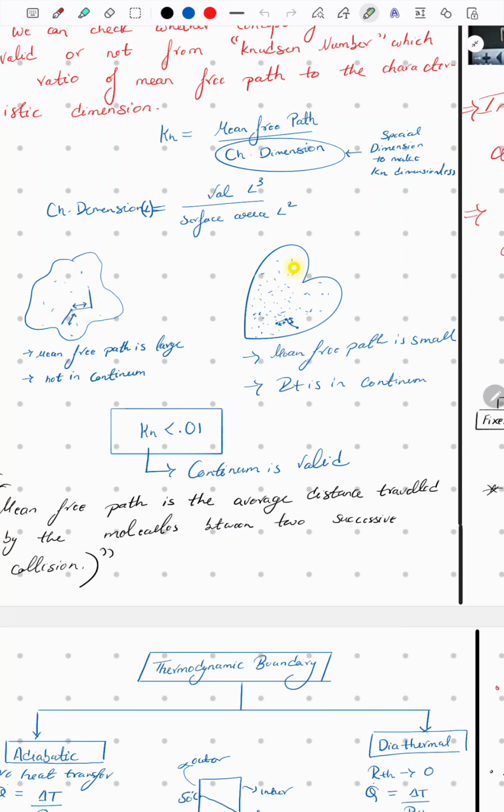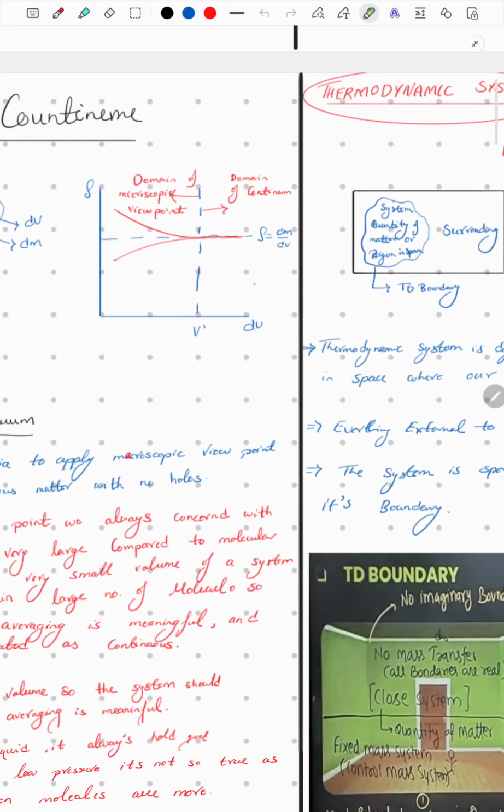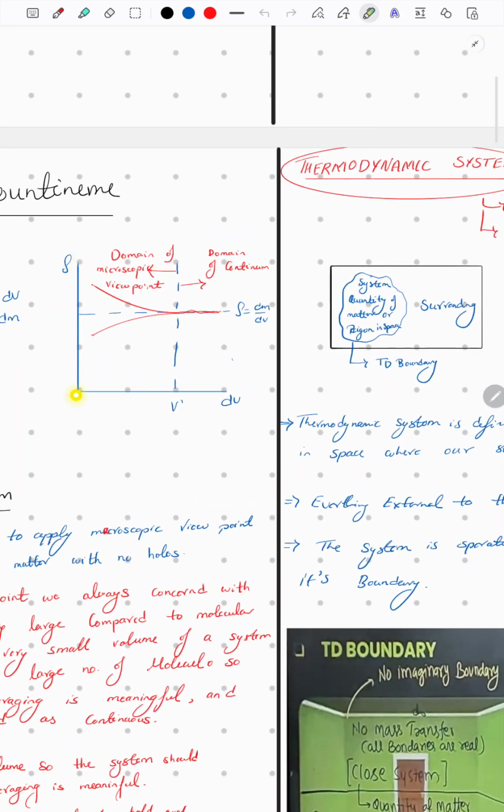On the other hand, this is a dense system. It will give right answers because the mean free path will be small and the characteristic dimension will be about equal. Then you will have a Knudsen number which is less than 0.01. This graph is also taking us to that.